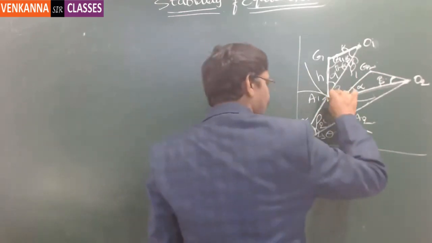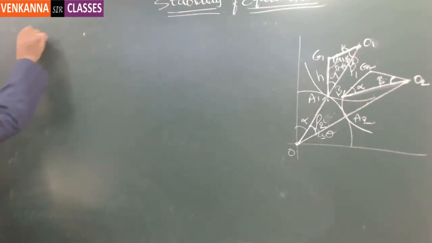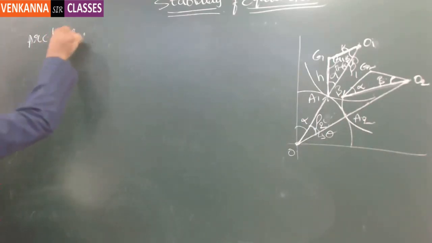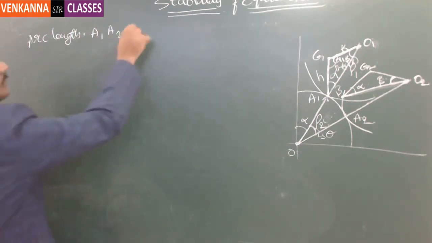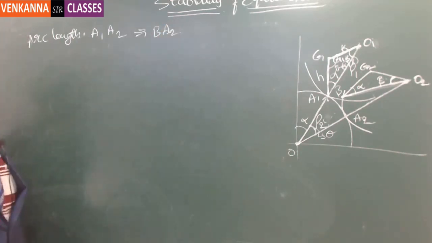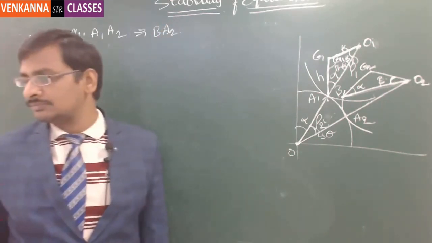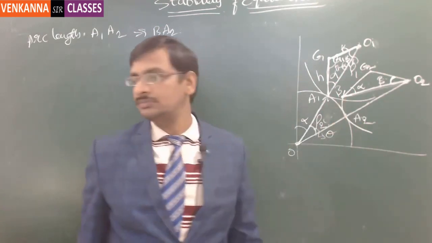And this arc length, the arc length A1A2, is equal to BA2. Is this statement true or not? The arc length A1A2 is equal to BA2.